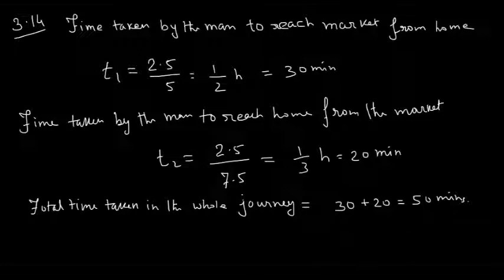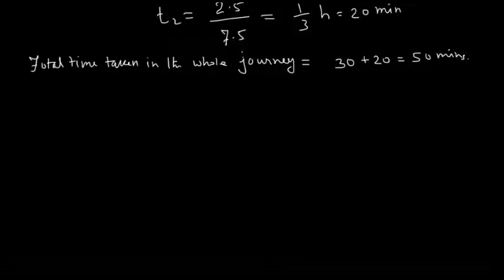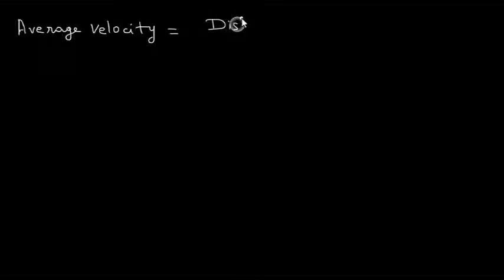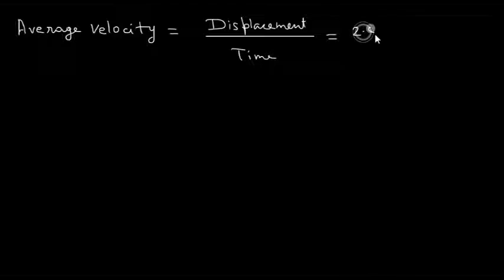Now let us find average velocity, which is equal to displacement upon time, which is equal to 2.5 upon half, which is equal to 5 kilometer per hour.